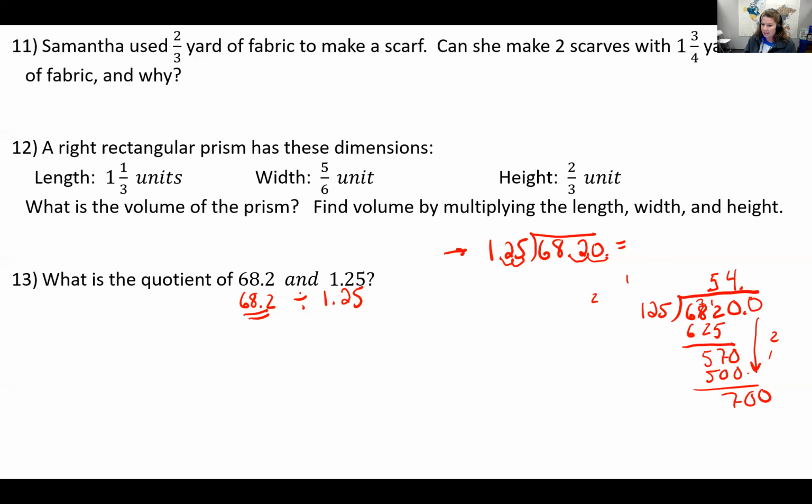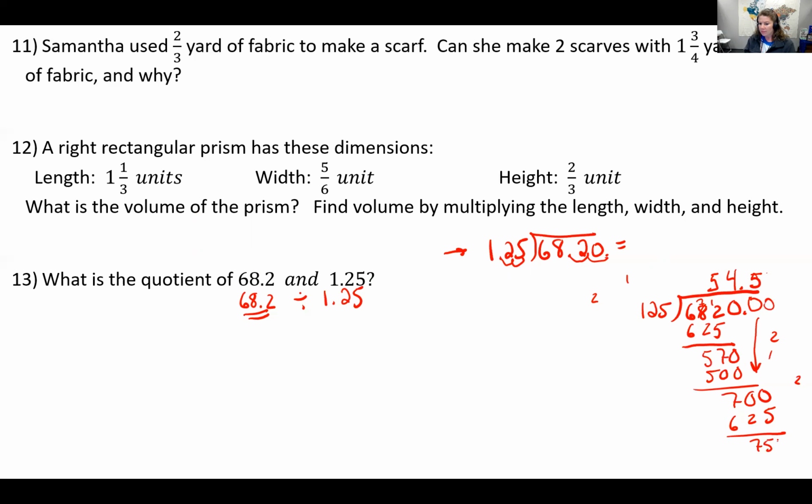And then how many times will that go? Let's say the answer is what? Is it 5 again? Let's see, 5 times 5 is 25, 10, 11, 12, 6. So we get 75 left over.